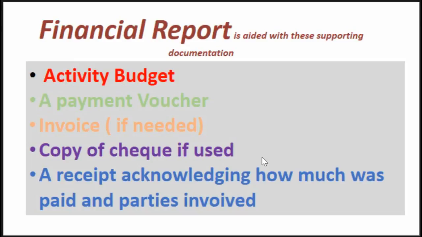That is an activity budget from the grant budget that you received from the institute and countersigned. Also, if a payment is being made to respective vendors, you need to have proof of who you are paying and for what purpose. And so a payment voucher will not be out of place.